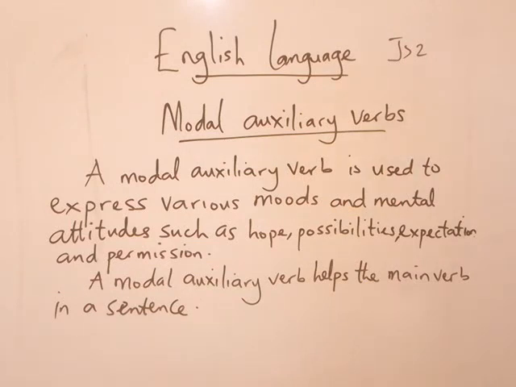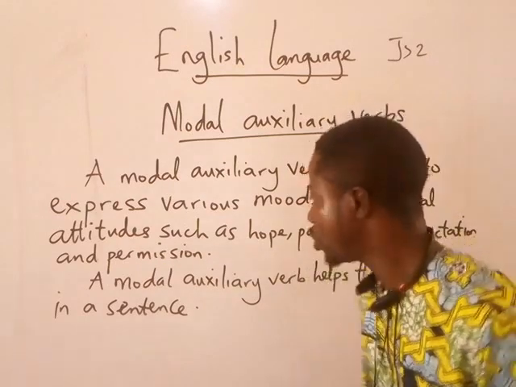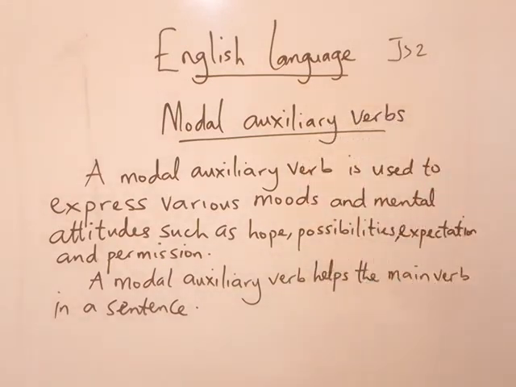We use it when we are hopeful of something. We also use it for possibilities, something that is very possible to happen in the future. Also, we use it to ask for permission.